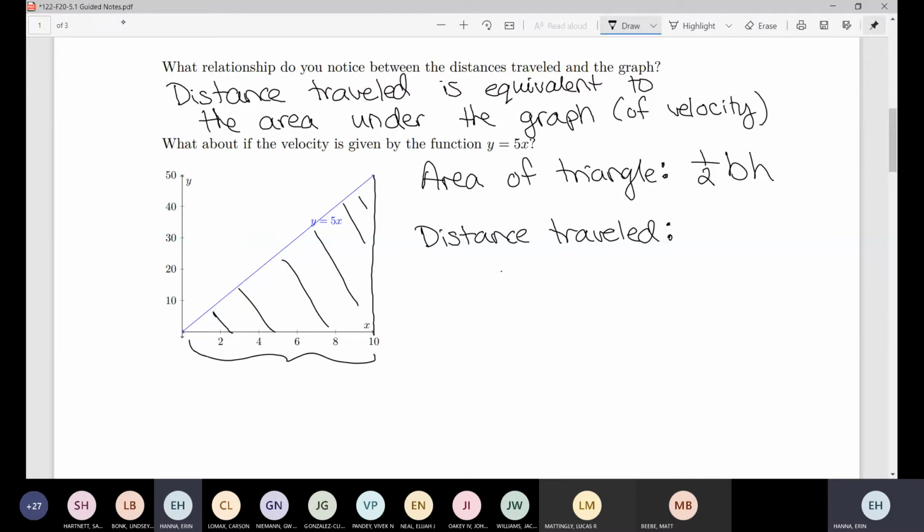So we have 10 and 50 as our base and our height. So 1/2 times 10 times 50 will be 250. So we know that over those 10 hours, whatever this object is, would have traveled 250 miles. Cool.